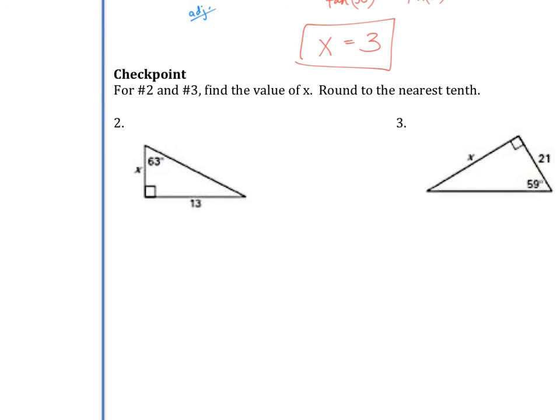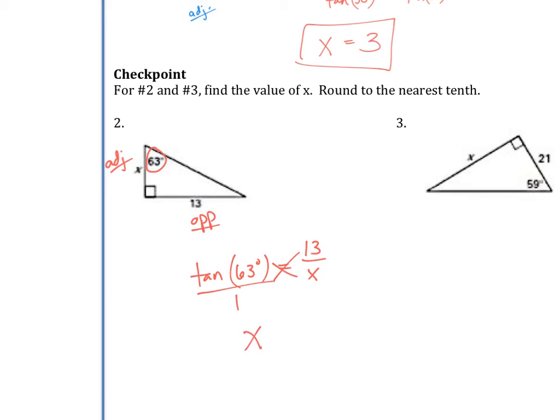The first checkpoint, number 2, they give us 63 degrees, and it is a right triangle. So we have an opposite leg of 13 and an adjacent leg of x. If we do the tangent ratio, we would have the tangent of 63 degrees is equal to the opposite over the adjacent, so 13 over x. And again, x is on the bottom, so the easiest thing is to put tangent of 63 over 1 and cross multiply.